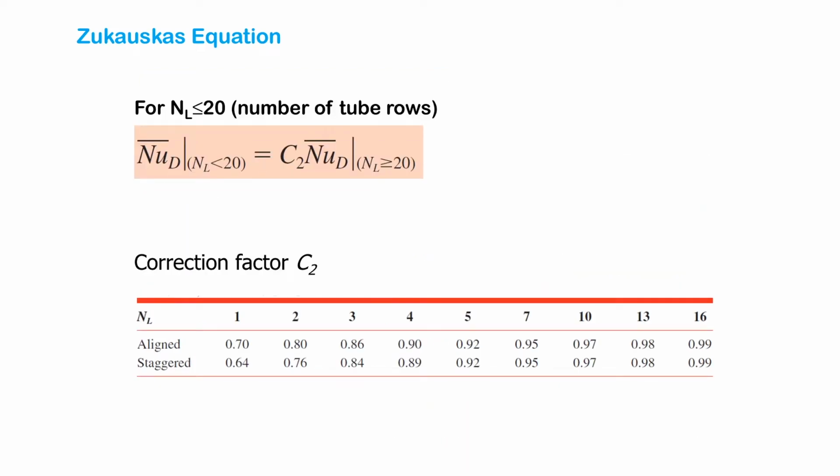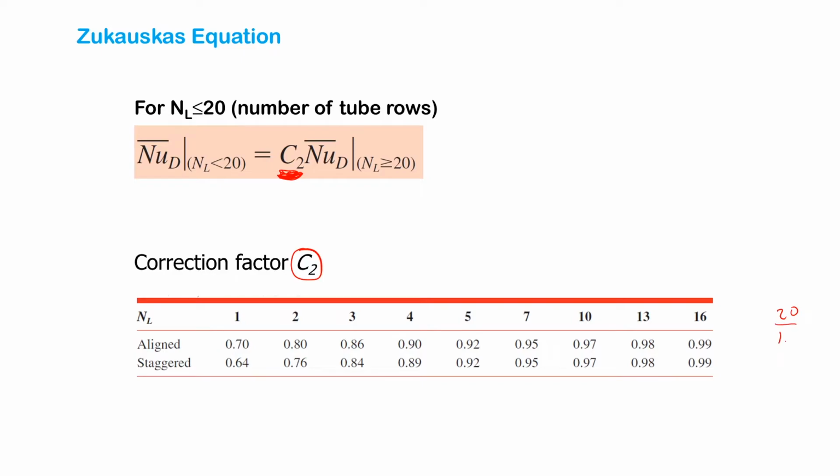And if you have less than 20 rows, you'll be using this correction factor called C2. So your Nusselt number, you calculate as if you have more than 20 rows, and then multiply it by C2. This is the correction factor, and it depends on the number of tube rows. So you basically, 20 means 1.